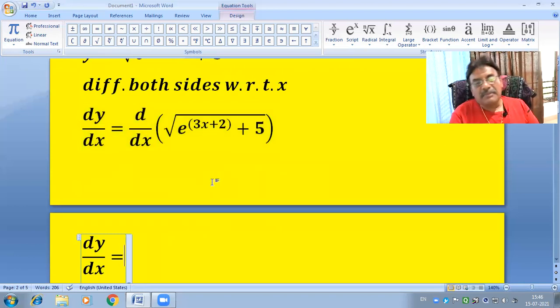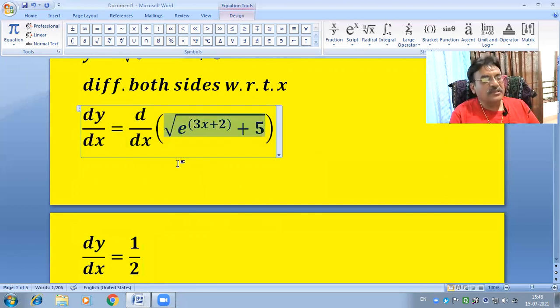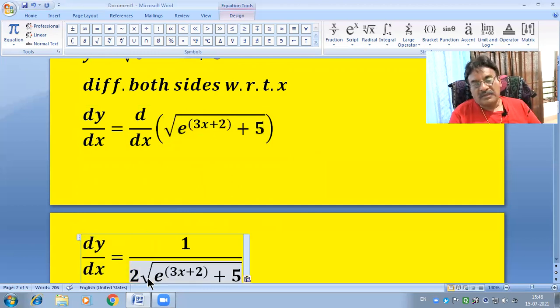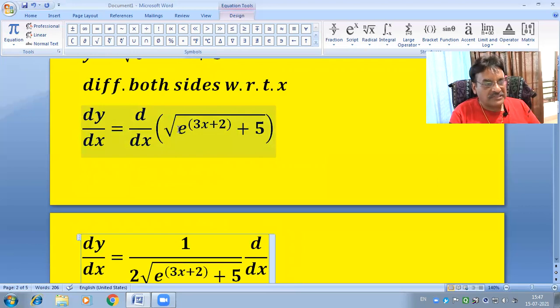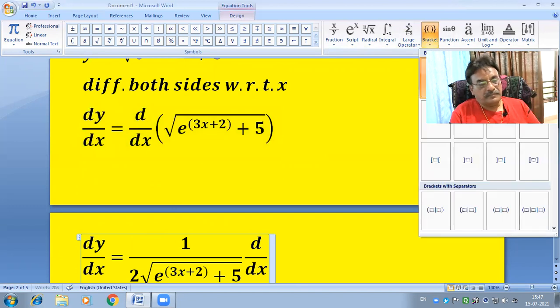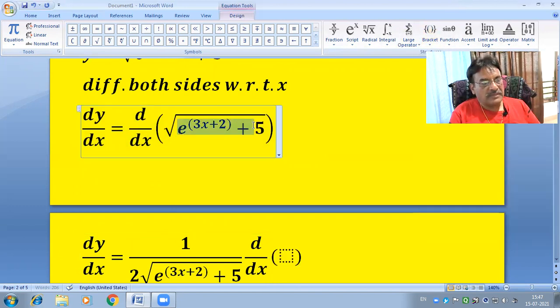So we write here 1 by 2 under root e to the power 3x plus 2 plus 5, into f dash of x, that is d/dx of e to the power 3x plus 2 plus 5.